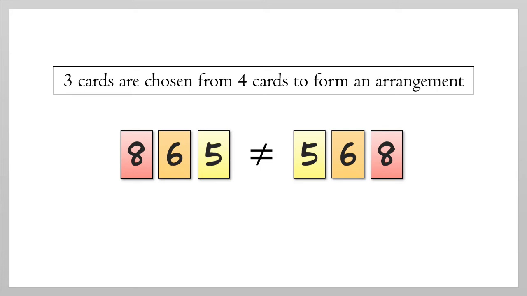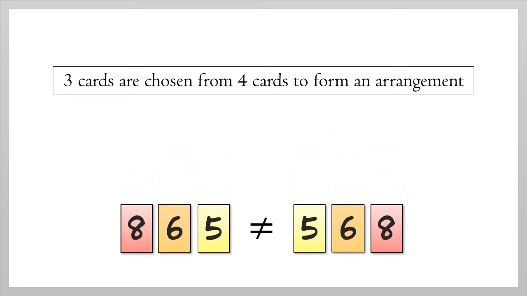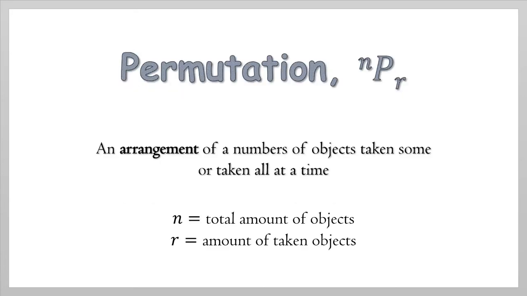This is one of the examples of permutation. We can represent the number of ways as 4P3. In short, permutation is an arrangement of a number of objects, taken some or taken all at a time. We denote permutation as nPr, where n denotes the total amount of objects, r denotes the amount of taken objects.